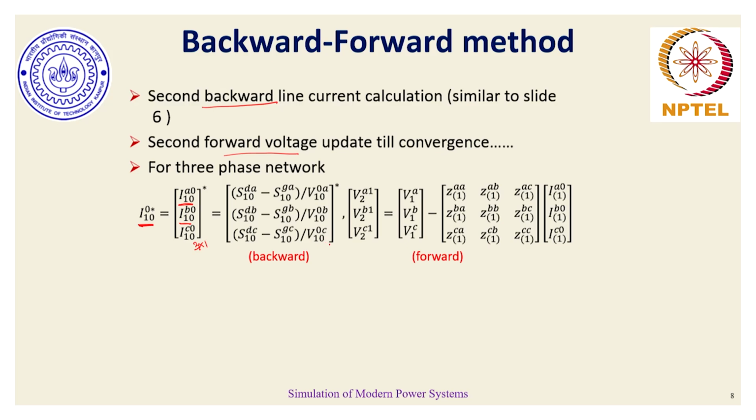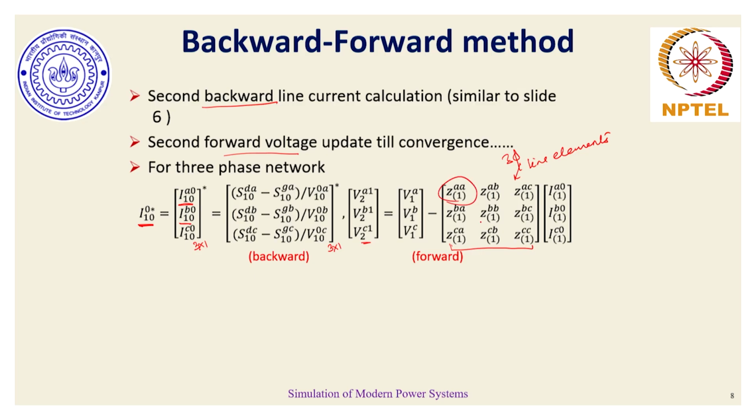The injections are also 3x1 matrices, and when we write the voltage updates, the three-phase distribution line model will have a 3x3 admittance or impedance matrix, which are basically three-phase line elements based on the nominal pi model.